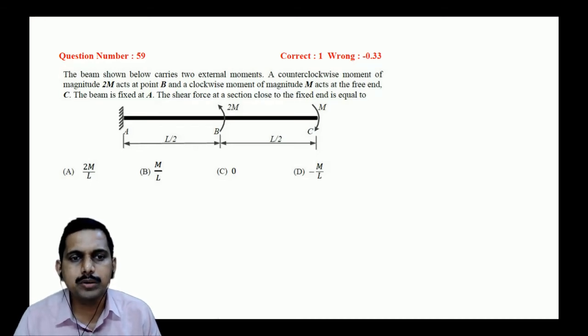The beam shown below carries two external moments. The counterclockwise moment of magnitude 2m acts at point B, and clockwise moment of magnitude m acts at the free end.